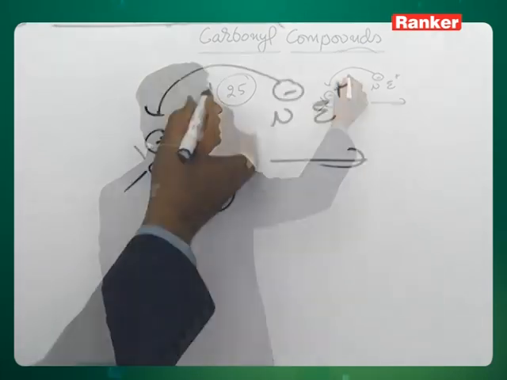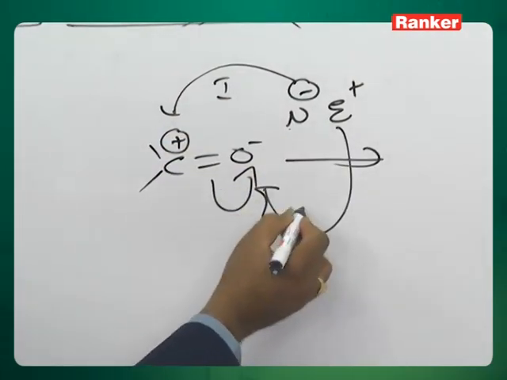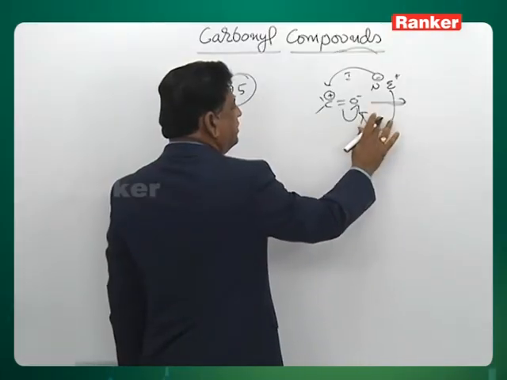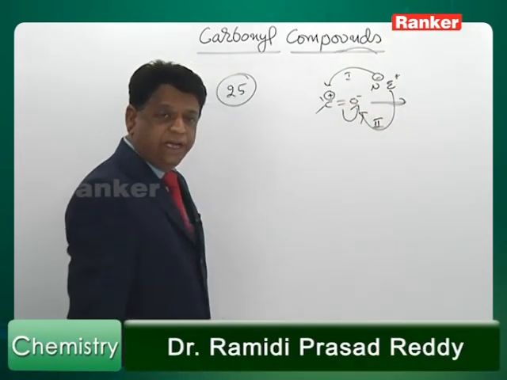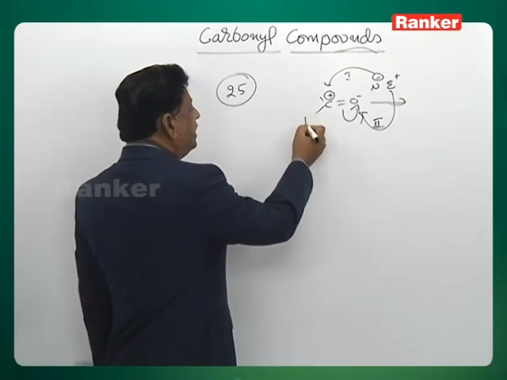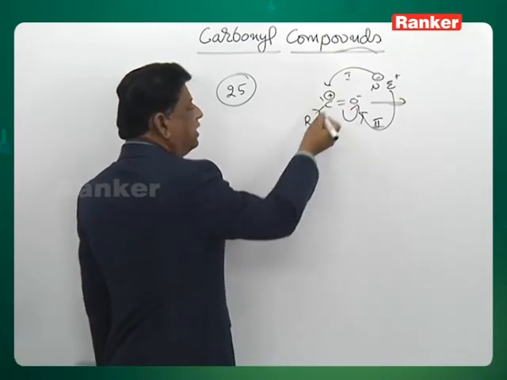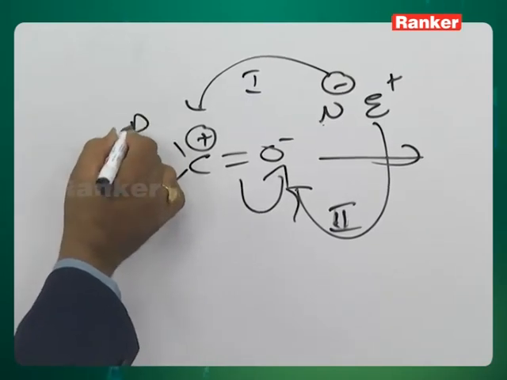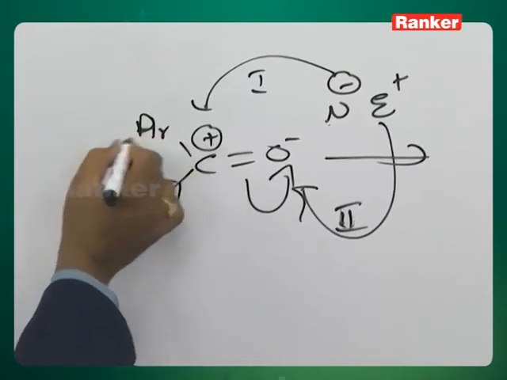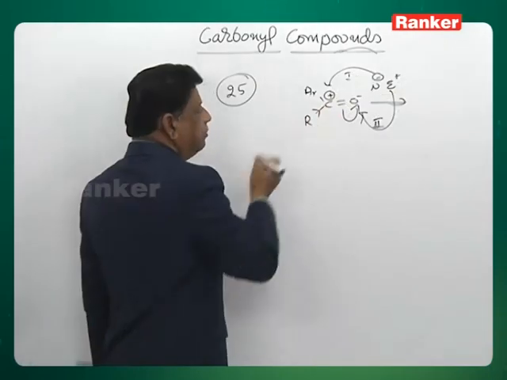First the nucleophile adds, followed by the electrophile as the second step. Toward that reaction, if an alkyl group is there, inductive effect decreases reactivity. If an aromatic group like benzene is there, the plus M effect stabilizes.